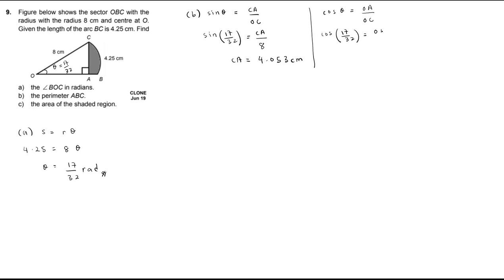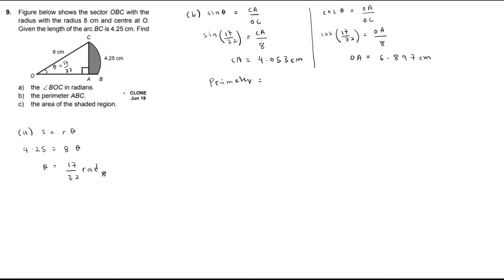OA is what we want to find and OC is 8 cm. Okay, calculate cos 17 over 32 using your calculator. Make sure mode in radian, multiply by 8, you should get OA equals 6.897.